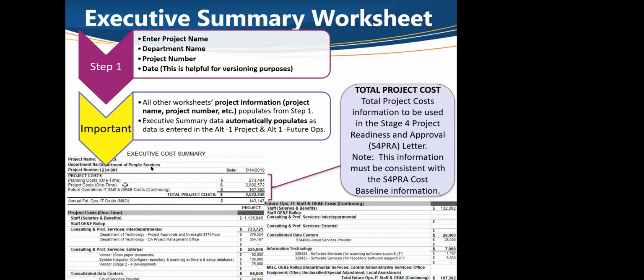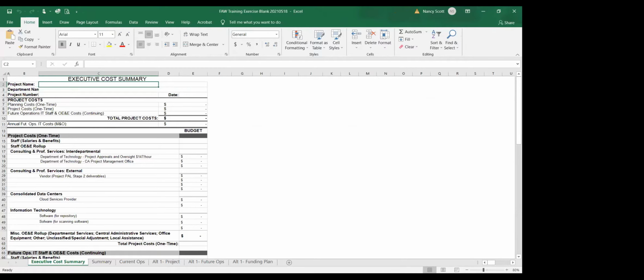This will give you an idea. This is the only area of the executive cost summary where a department enters information. If I were to do what the instructions say, I'll go ahead and let you do the same on your own copy.